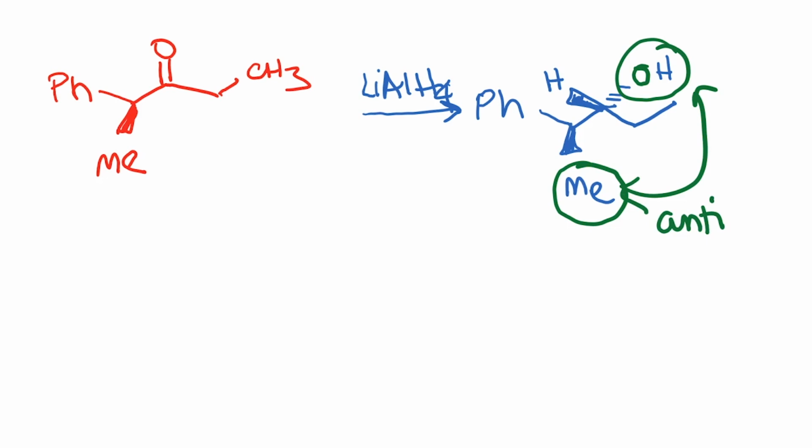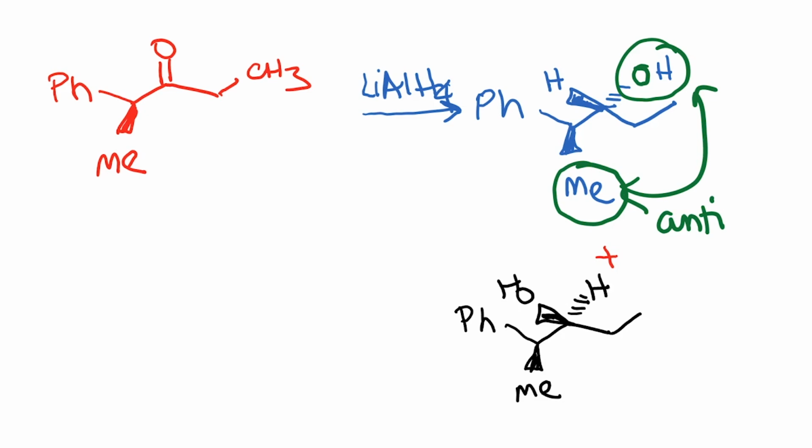And let me draw out the second product that could be formed, which would be the following compound, which is Ph. The methyl group is over here, and now the addition happens from the other side. So you have OH here, and hydride is here, H is here. So to stick to the same nomenclature, this methyl is over here, OH is over here, so this would be called syn. This is again something that we are already familiar with. So you have a mixture of syn and anti products.